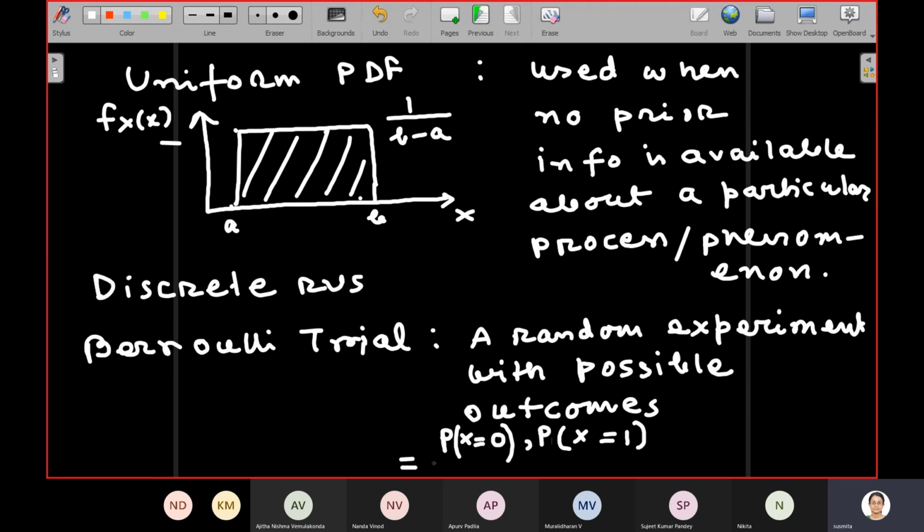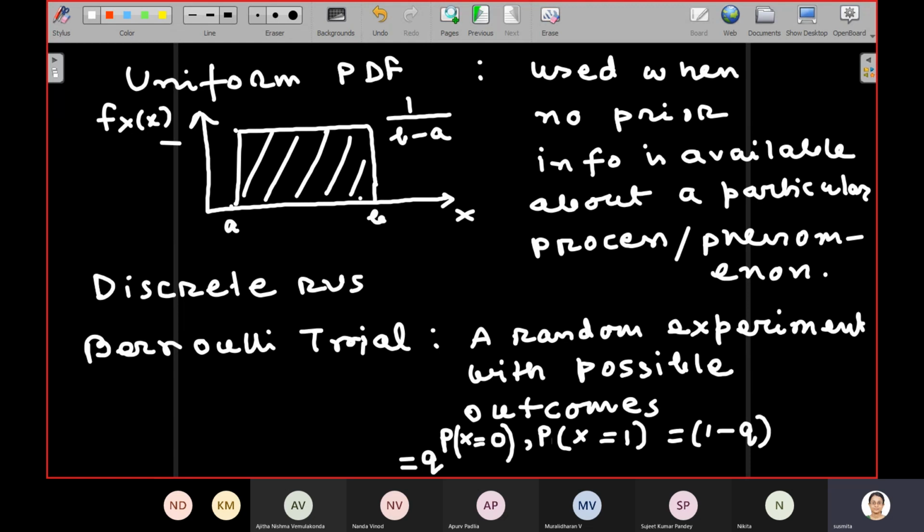So let's say this one is q and then this has to be 1 minus q, right? So this is called a Bernoulli trial.